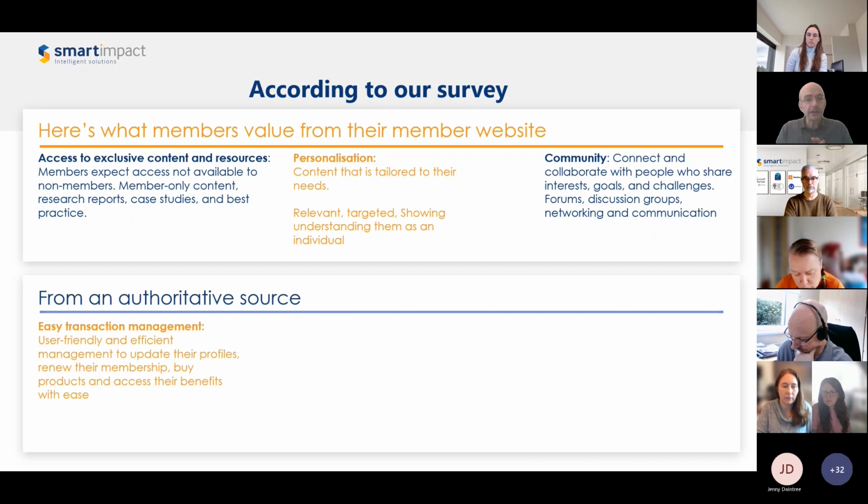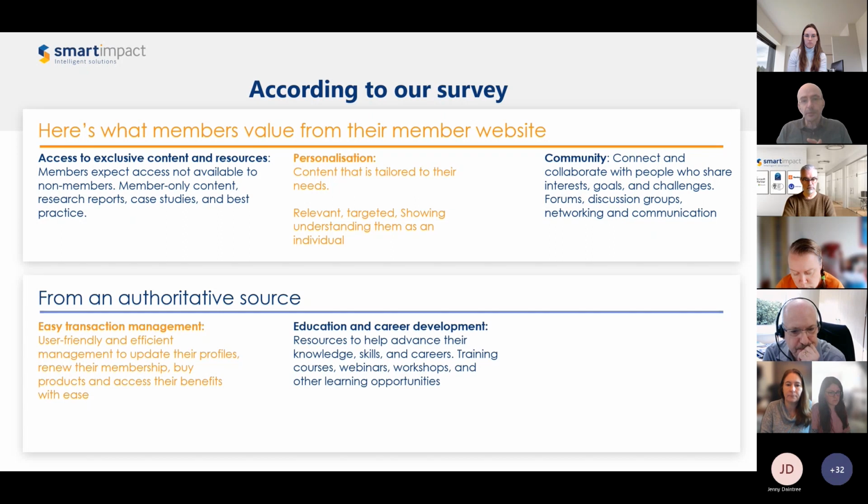Then, from an authoritative source, people value from the website easy transactions management. That's still there. That was there 20 years ago. It's still there today. So easy and efficient ways of booking on events, updating your membership information and your profile, carrying on through your education. And then education and career development is still one of the top items that people come to the website for, where that's offered.